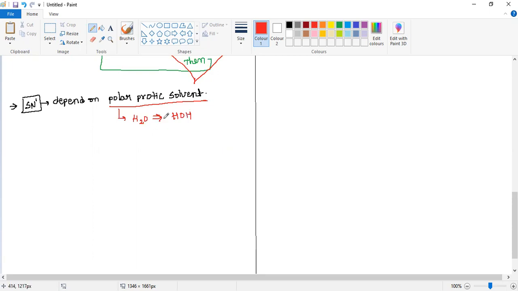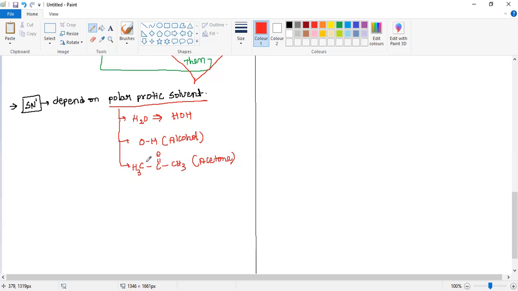What else can we write as polar protic solvents? Guess. Alcohols can also be written, isn't it? Like R-OH, here the bond is there, whereas in SN2 this bond is not there. Alcohols also participate in SN1. Next, acetone, that is CH3 C double bond O CH3, that means acetone is also said to be a polar protic solvent.